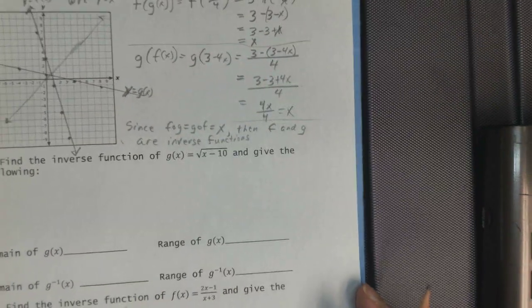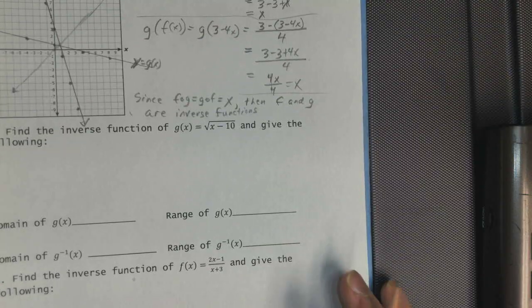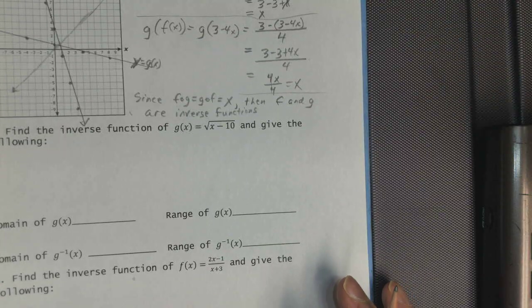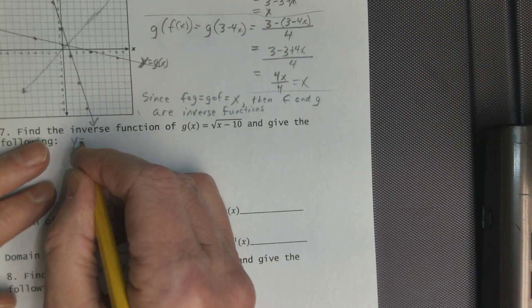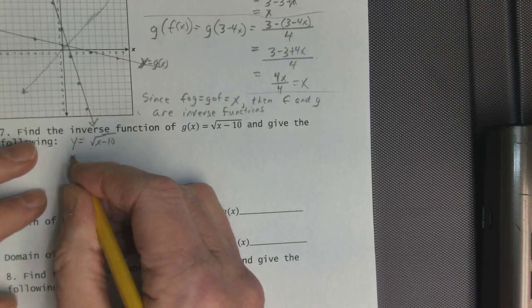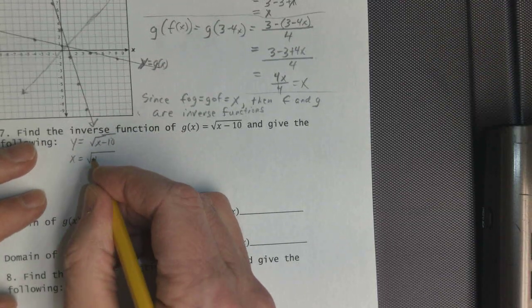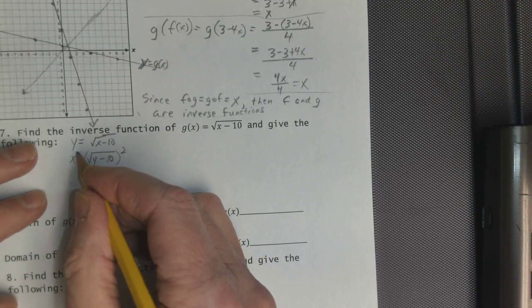Now 7 and 8, we're finding inverse functions. Find the inverse function of g of x equals square root of x minus 10, and give the following. So let's do this. Y equals square root of x minus 10. X equals the square root of y minus 10. I'm going to square and square.